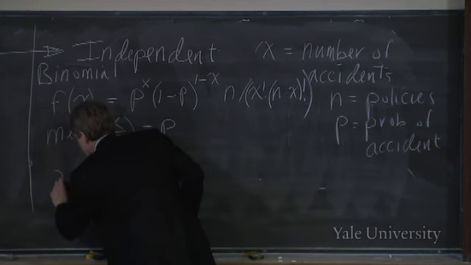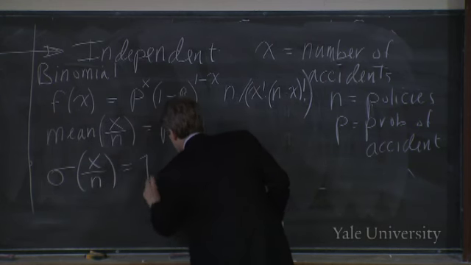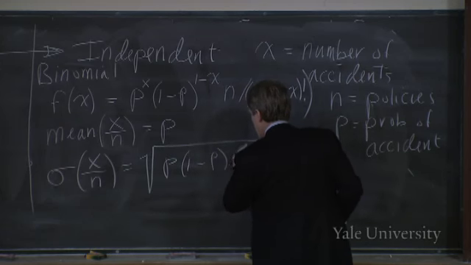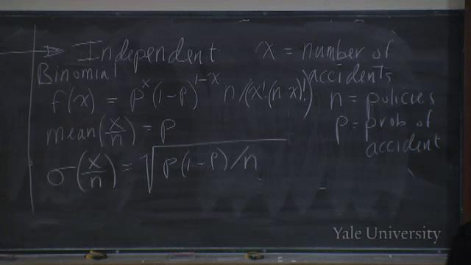But the standard deviation of X over N is equal to the square root of P times 1 minus P all over N. So that gives you the mean and standard deviation of the proportion. So to actually apply this, it helps to go to something called the normal approximation to the binomial.